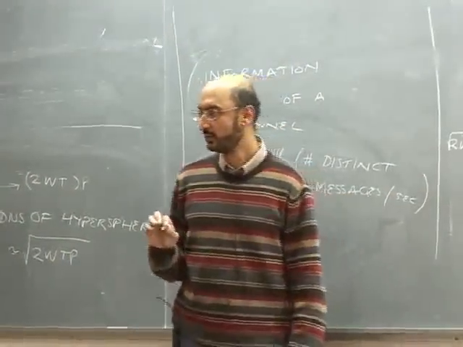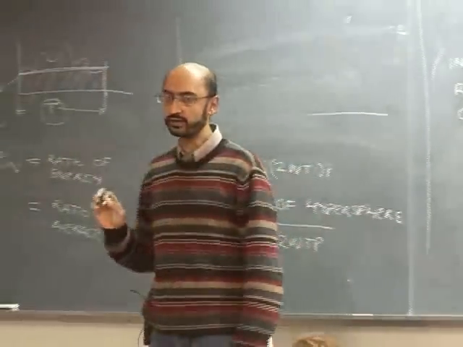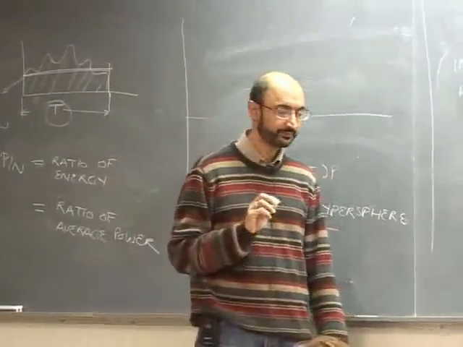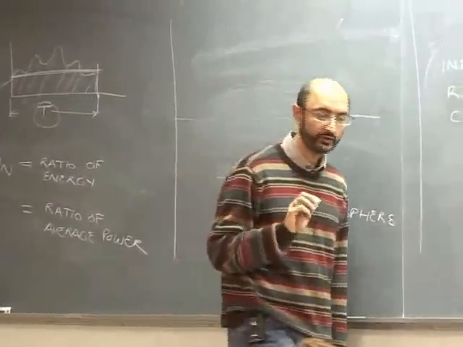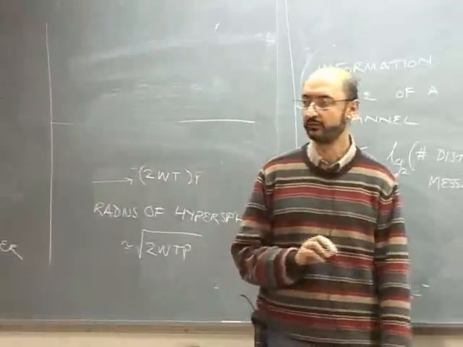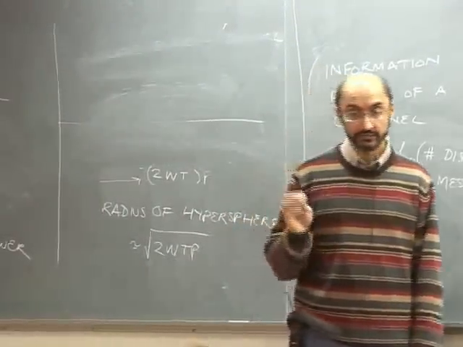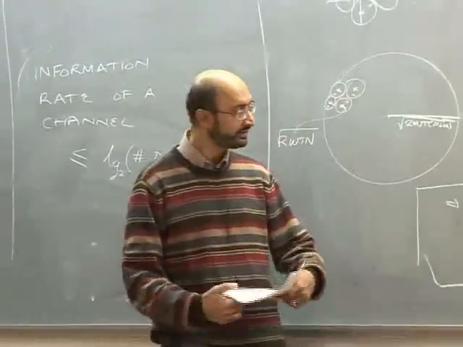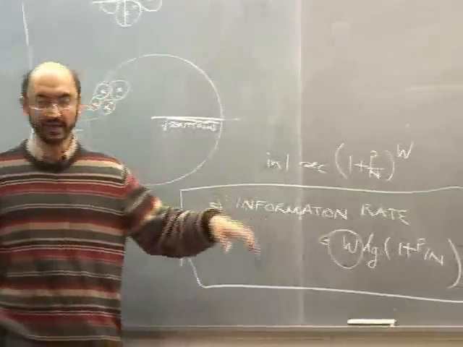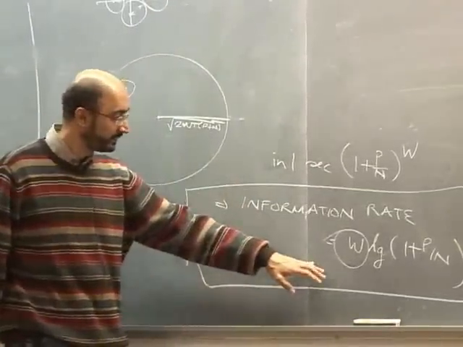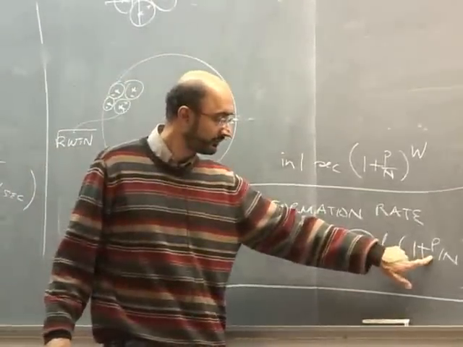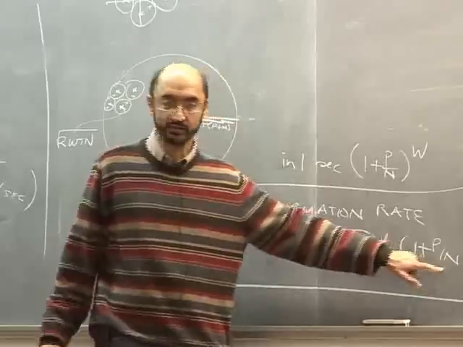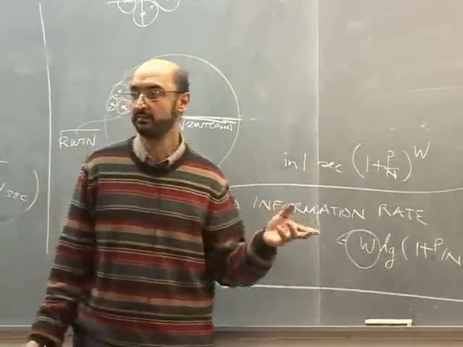The math does go through, but I'm ignoring certain subtle aspects. They're not crucial, but they're subtle. I'm going to leave that out. Which means that now we have a really powerful thing. If somebody tells me I have a channel of bandwidth 10 megahertz, and I tell you the signal power and the noise power, I can tell you what the information rate in bits is.